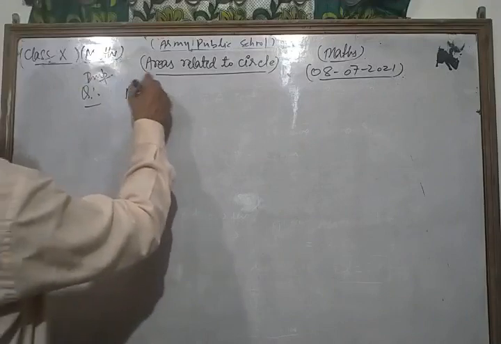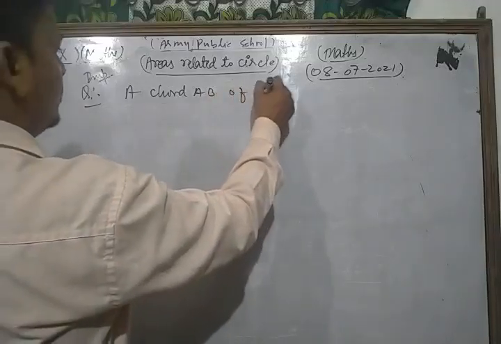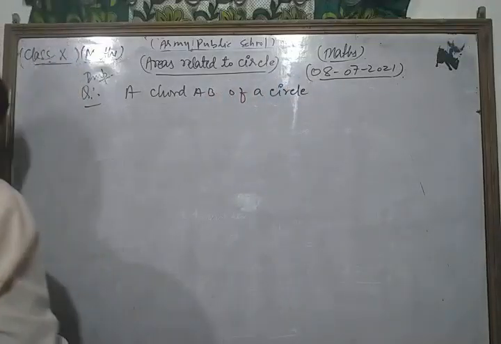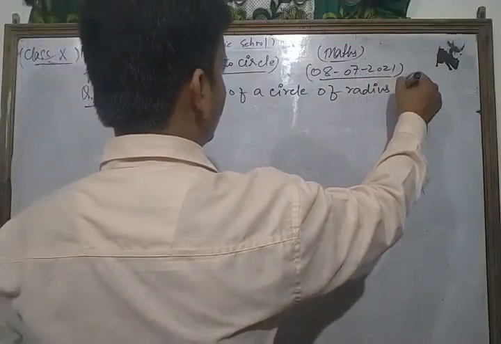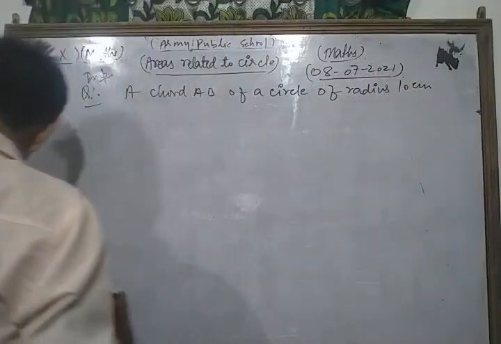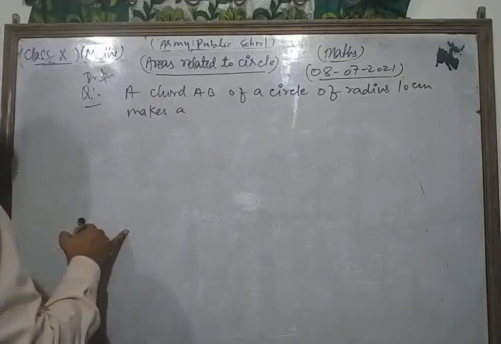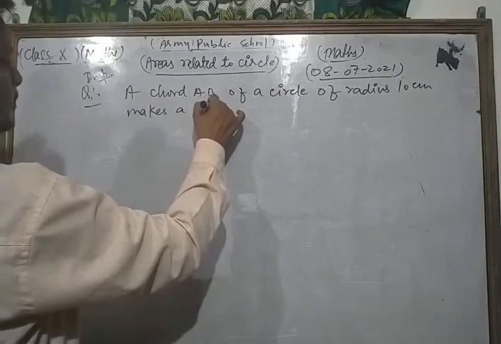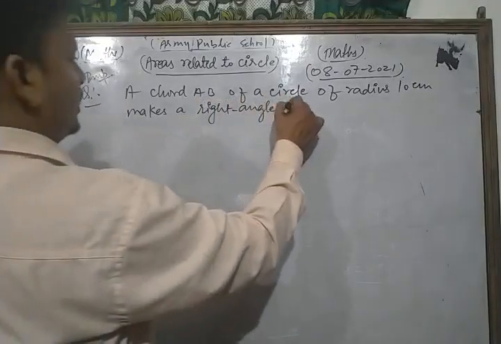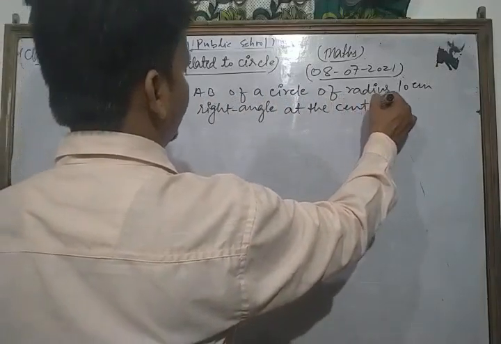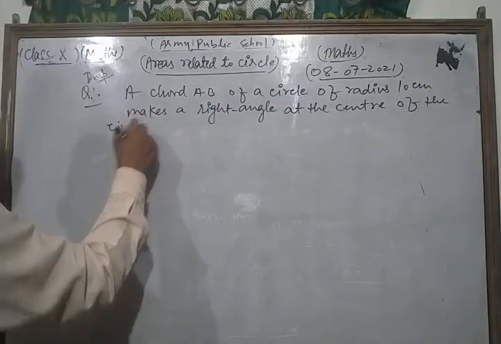A chord AB of a circle of radius 10 centimeter makes a right angle at the center of the circle.